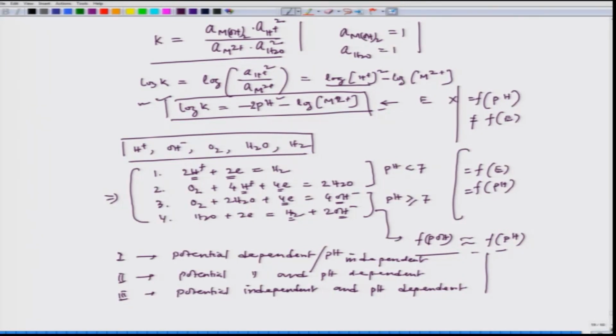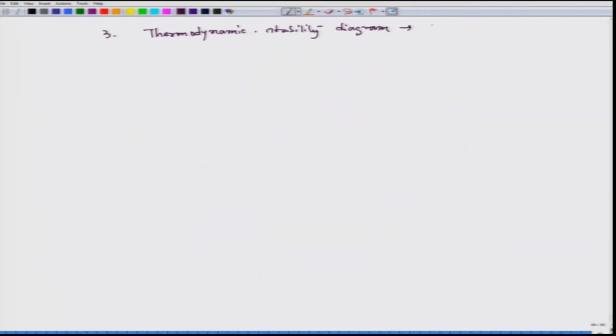We have to get the information about standard chemical potential. And whenever we talk about the standard chemical potential of a species, that indicates that they are at activity 1, and whenever we are talking about activity 1, we assume that they are in a pure state.